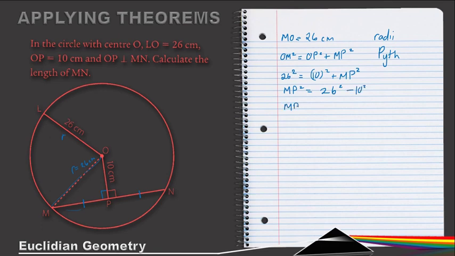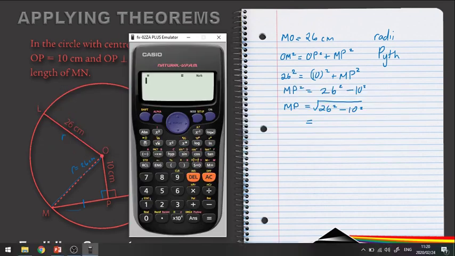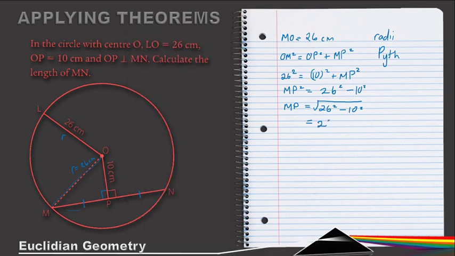So MP is then the square root of 26 squared minus 10 squared. And then if we put that on the calculator, we have the square root of 26 squared minus 10 squared, and this gives us 24.